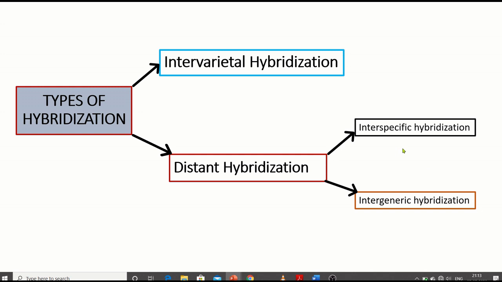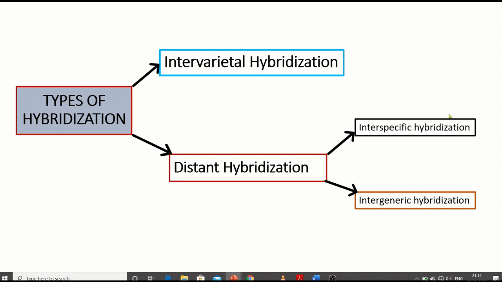Okay, ovule culture, or embryo culture, embryo rescue, and many others. So in this interspecific hybridization, the incompatibility between the parents is lesser compared to the intergeneric hybridization.